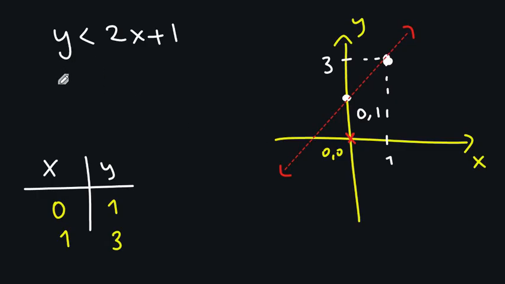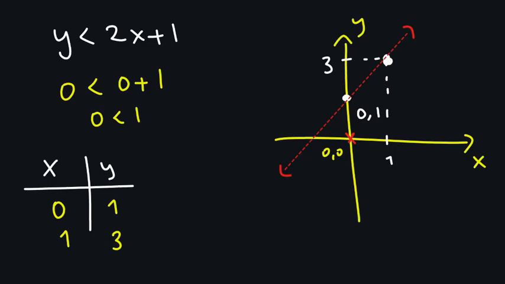So I will substitute 0 for y. Let's write 0 for y less than, instead of x I will also write 0, 2 times 0 plus 1, so it becomes 0 less than 1, which is correct. So the third step is done.